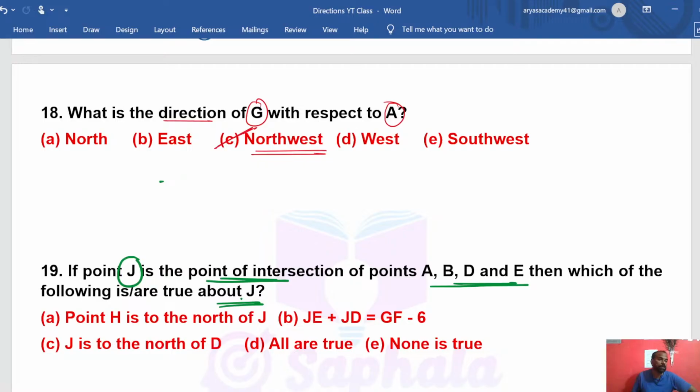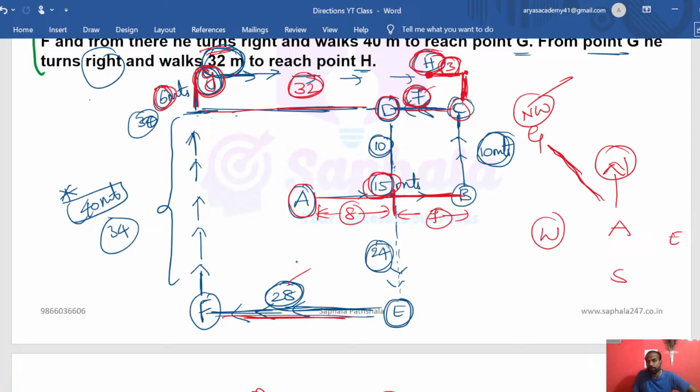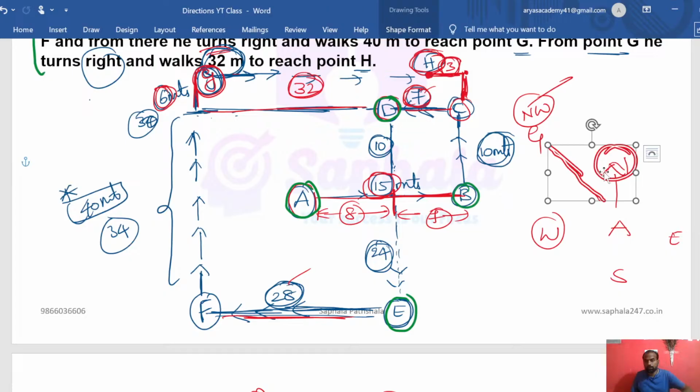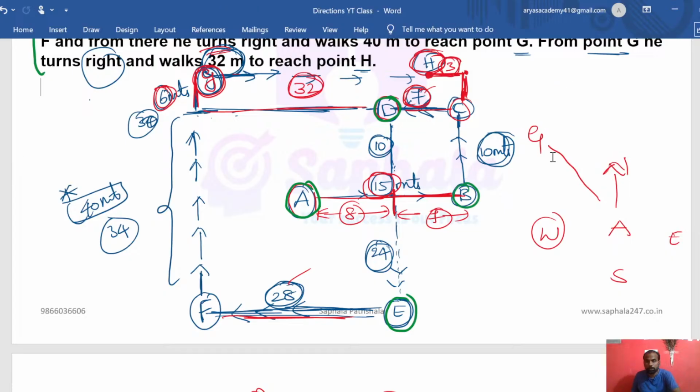So first of all, go back to the diagram. Where is B, where is D and where is E? If you look at the diagram, D is here, A is here, E is here and B is here. I have to draw it to make you more clear, otherwise you might get confused.